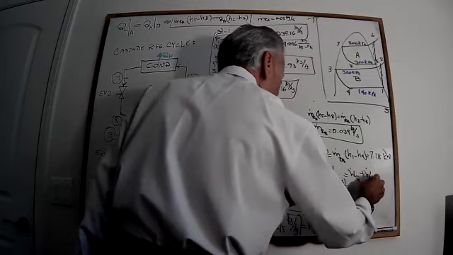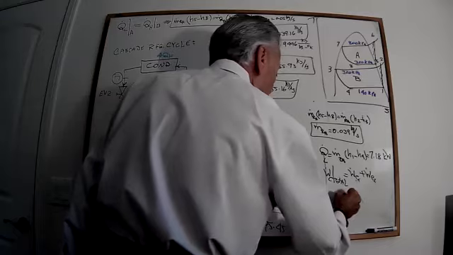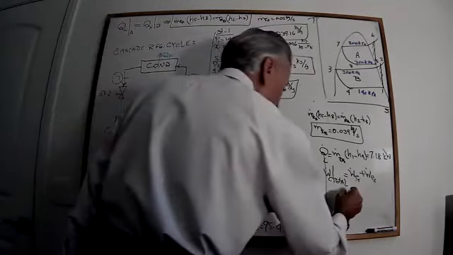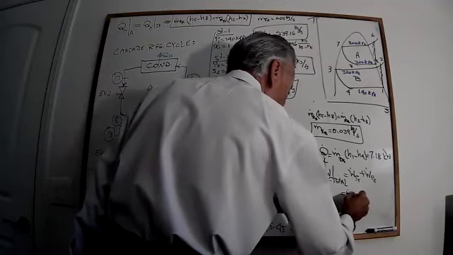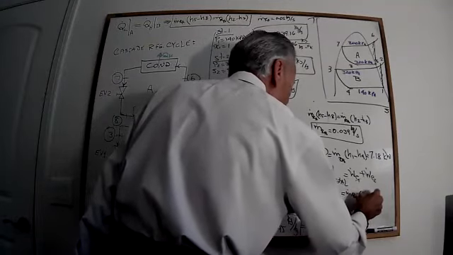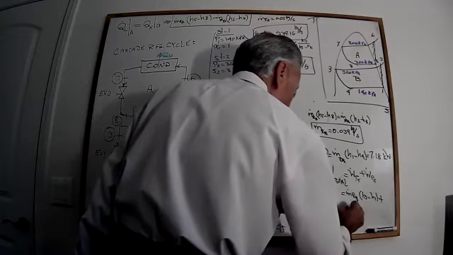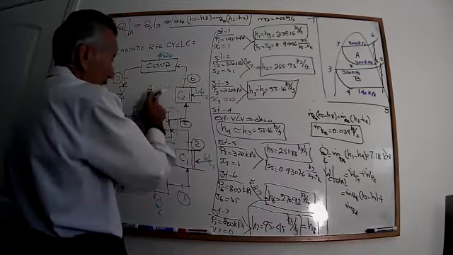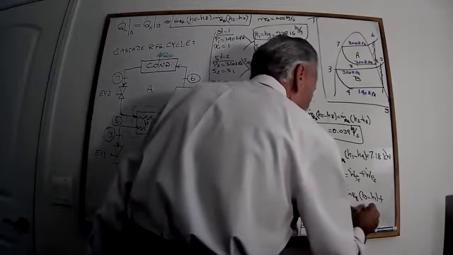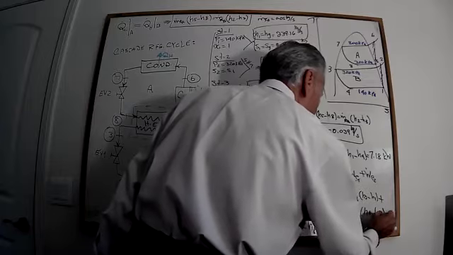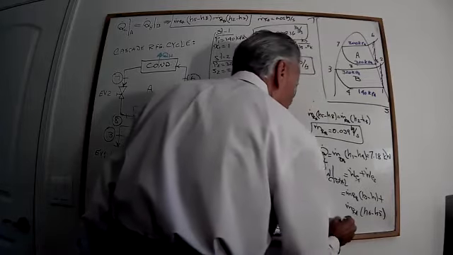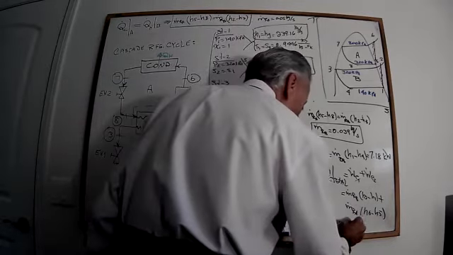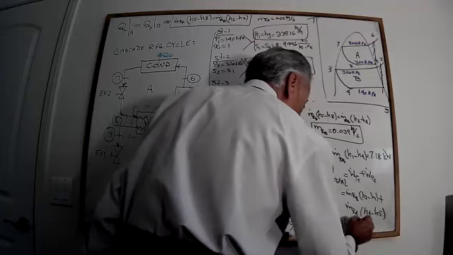Compressor 1 is in the B cycle, so I have to multiply it by mass of refrigerant B times H2 minus H1, plus mass of refrigerant A, because the second compressor is in this cycle, times H6 minus H5. This will give me the total work of the compressor of 1.61 kilowatt.